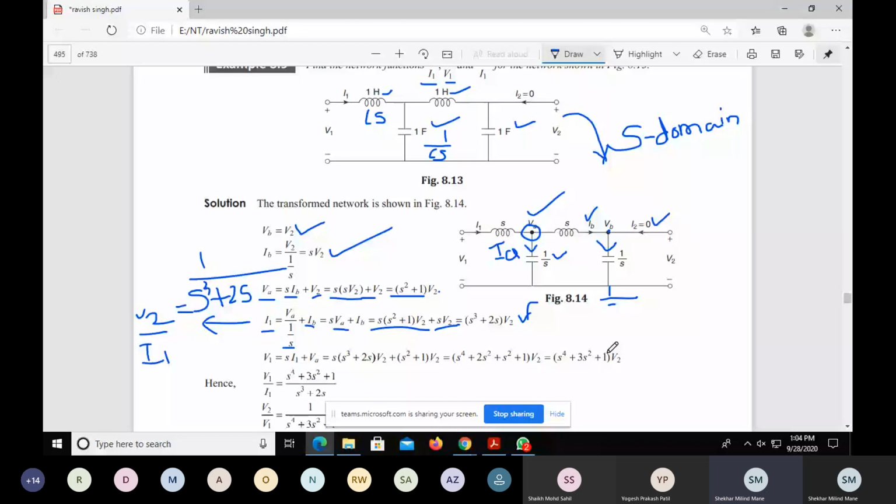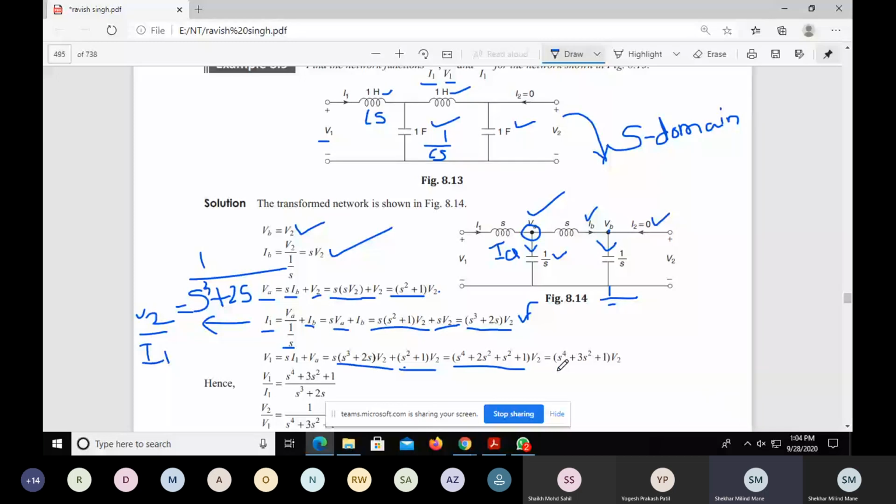Now we can move to the next part, that is V1. Now try to write V1 in terms of V2. So V1 is equal to S I1 plus VA, and I1 we have just written in terms of V2, so we substitute that. So S into I1, and VA is nothing but (S square plus 1) into V2. If you take V2 common, then you will get this equation.